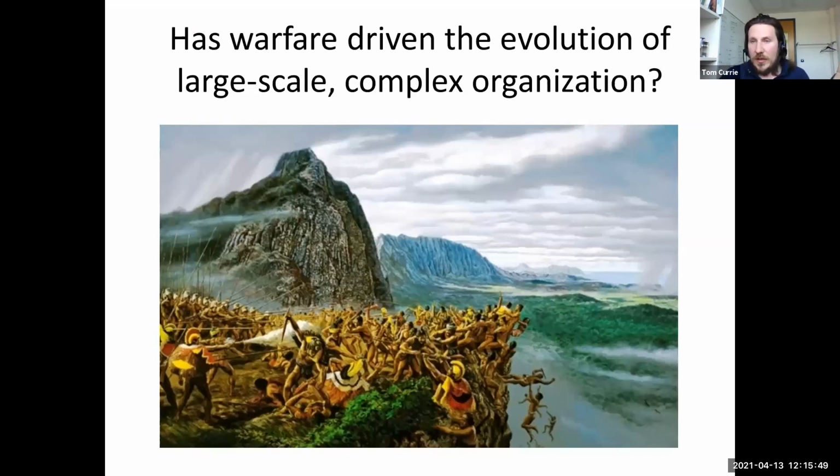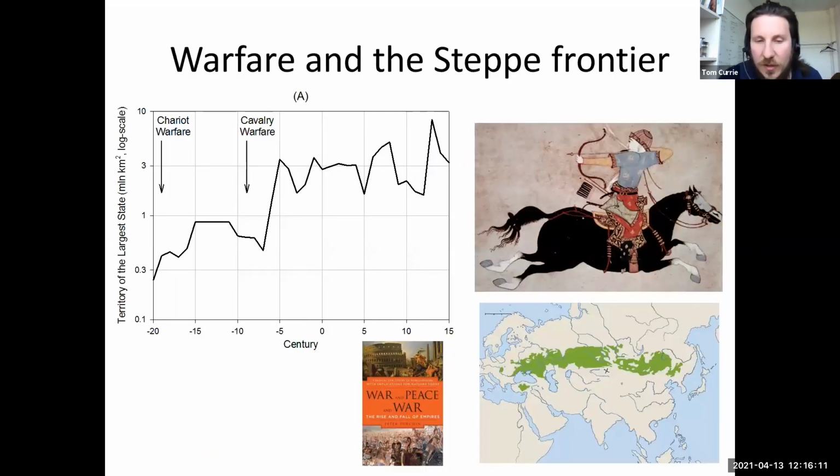So the question then is, what is potentially driving the evolution of political complexity in human societies? One potential candidate is the idea that warfare, direct competition between groups, might be driving this. This idea has been popularized and proposed particularly by Peter Turchin, in books like War and Peace and War.